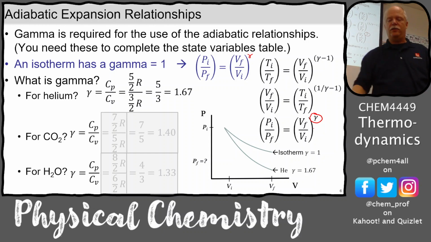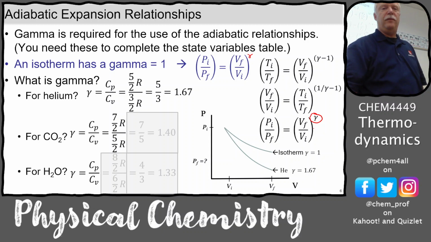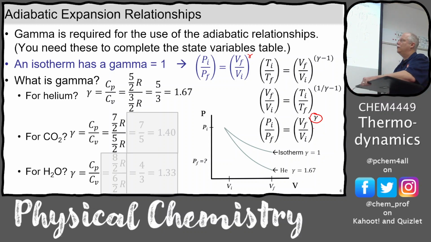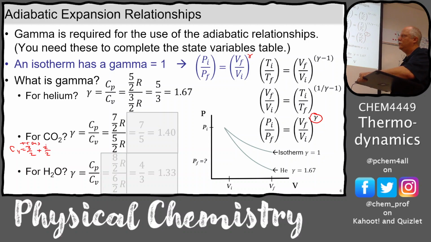Okay, let's look at CO2, which would be the same for any linear molecule. So for this, we have Cv equals 3 halves for translation, 2 halves for rotation. And why is it only 2 halves? Because it's linear. It doesn't have rotation around the symmetry axis.